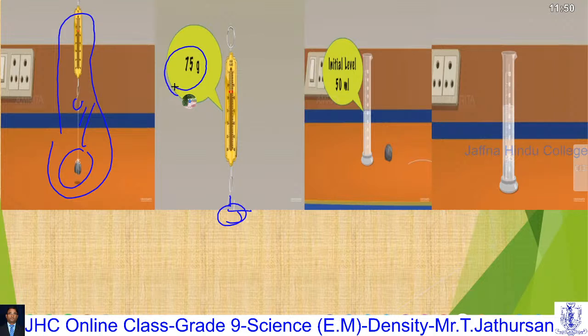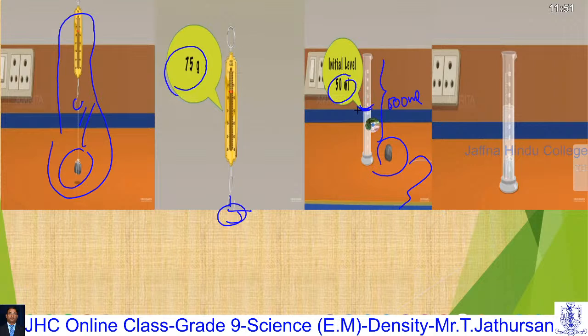Now we have to find out the volume of that object. We use a stone, a piece of twine and 50 ml water in a 100 ml measuring cylinder. The initial level of the water is 50 milliliter.